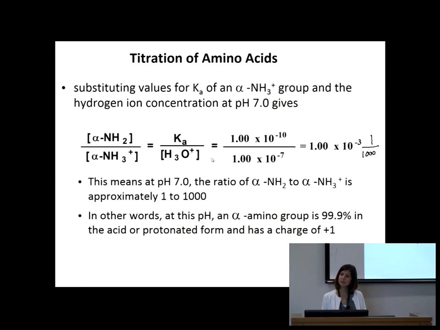So you can predict how it's going to behave chemically. If you say, okay, at pH 7, that proton is off my acid form, essentially all off, and it's all on my amine group. I know. Bear with me. I'm almost done.